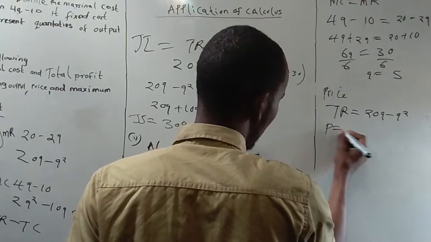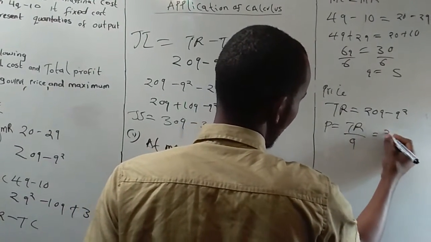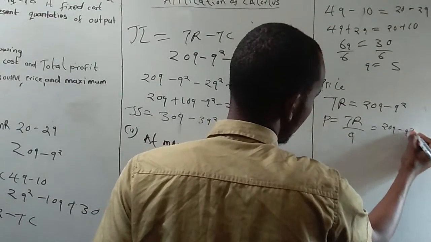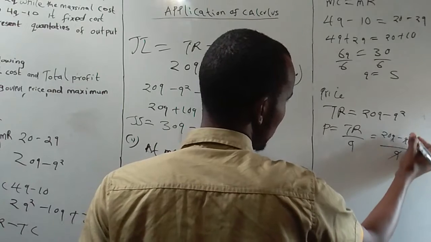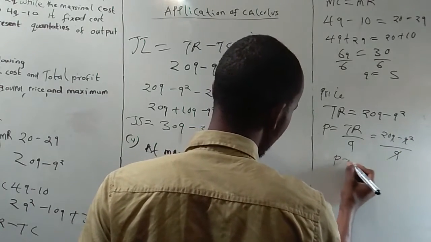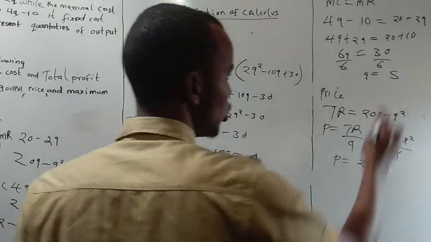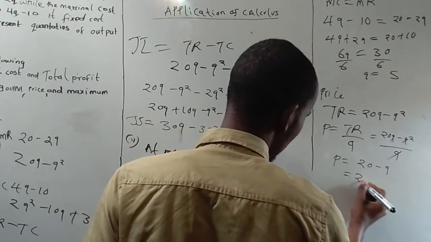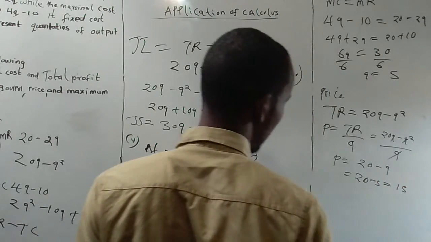Remember, price is equal to total revenue over q, which is 20q minus q squared. We divide by q. This q cancels with this q, leaving P equal to 20 minus q. But we know q is 5, so P is equal to 20 minus 5, which is equal to 15.